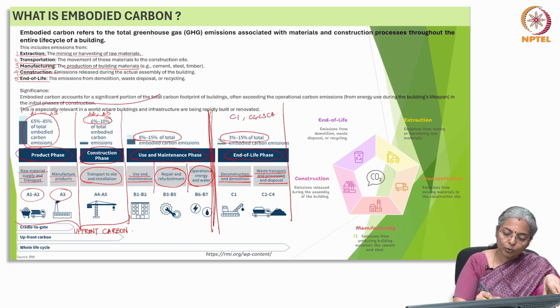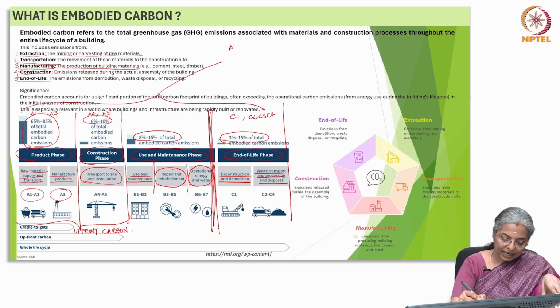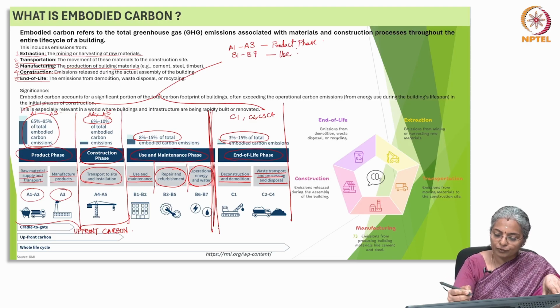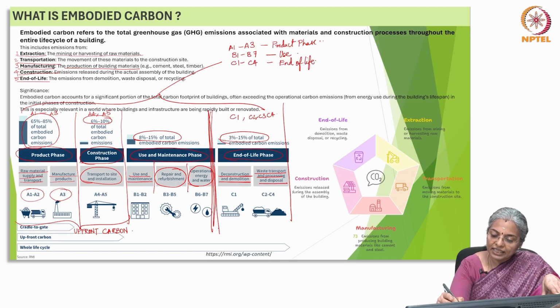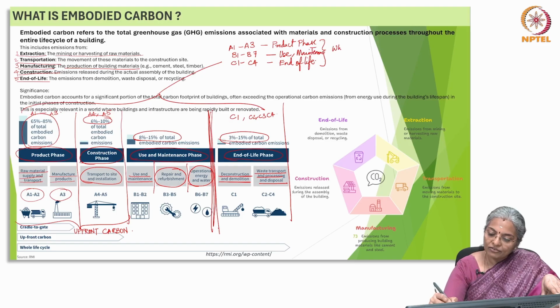The whole thing put together, which is A1 to A3, the product phase, manufacture of the product, then B1 to B7, which is the use of the building, maintenance of the building and things like that, and C1 to C4, which is end of life, all these three phases put together is called the whole life cycle.